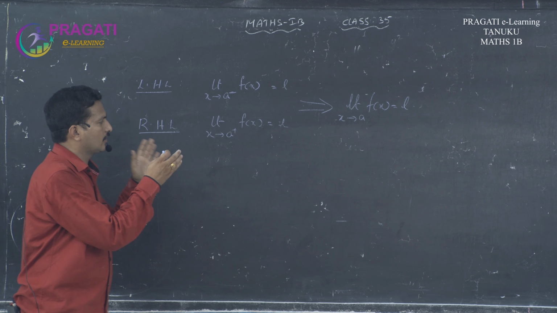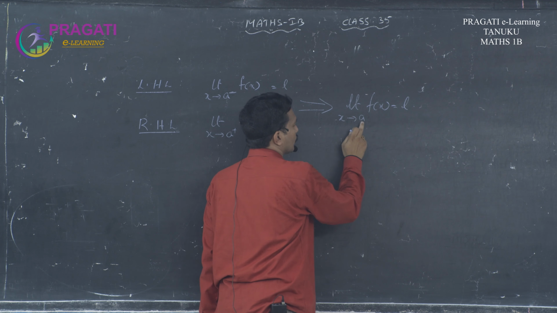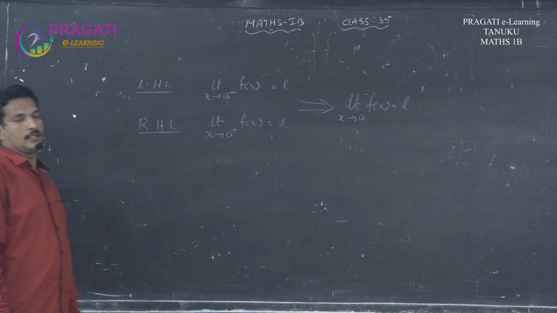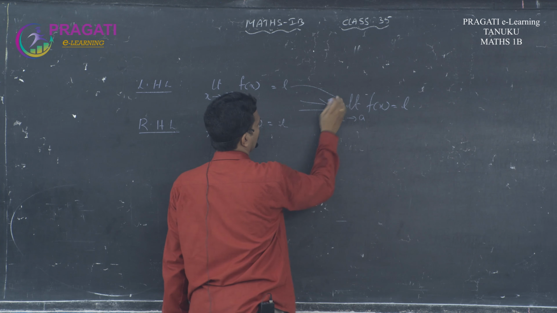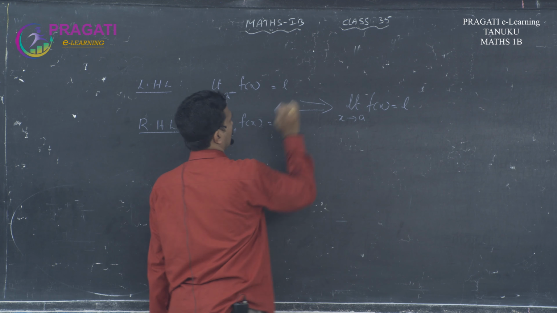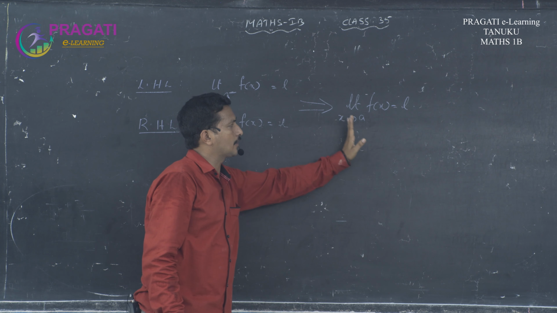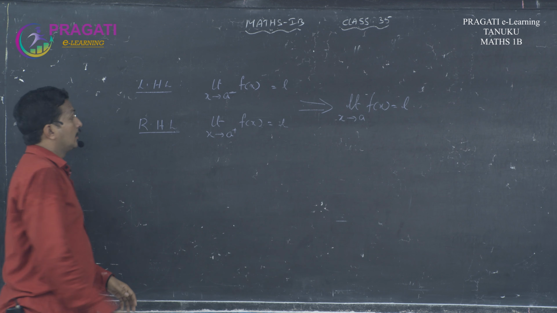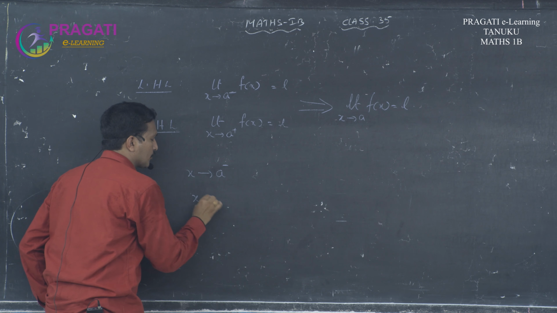Here it is called the limit. The limit will exist and it is denoted by limit x tends to a f of x is equal to L. If these two are equal, then the limit will exist. Here x tends to a minus means x tends to a and x less than a.